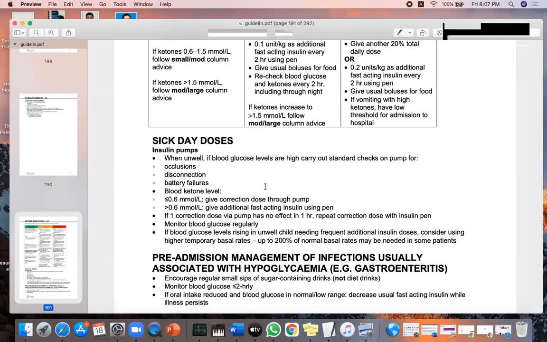I'm telling you, sick day red flags are drowsiness, blood sugar below 4, vomiting, abdominal pain, abnormal rapid breathing, that is called Kussmaul breathing, severe headache, unconsciousness, diarrhea, and vomiting not controlled at home. These are the red flags.